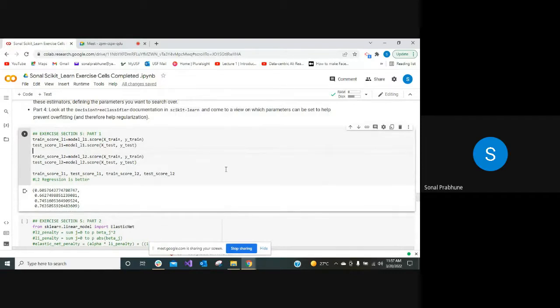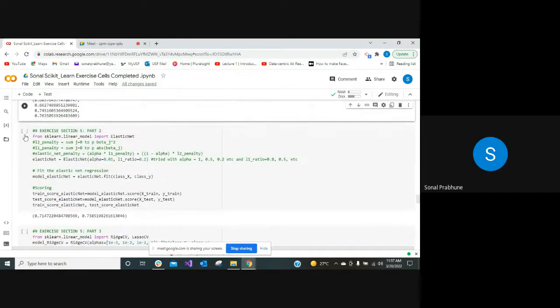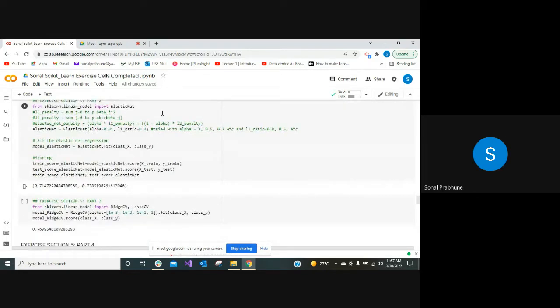So basically, get the model, score on that one for L1, the training score and the test score. And here I've used ElasticNet. I tried different combinations of alpha, like 1, 0.5, 0.2.